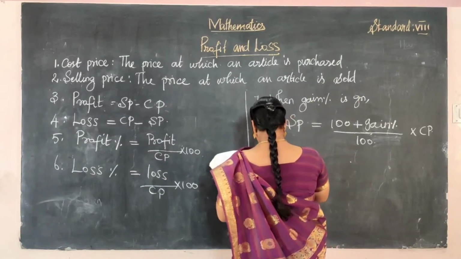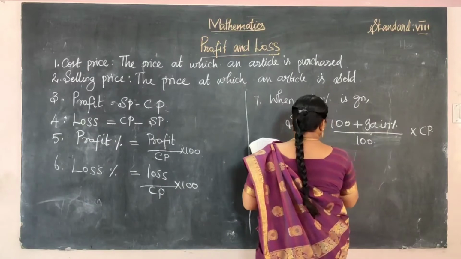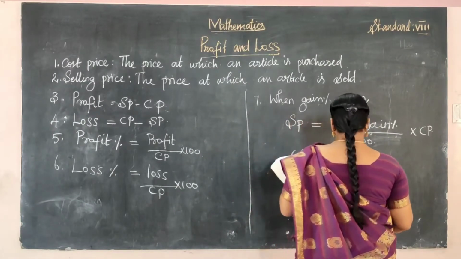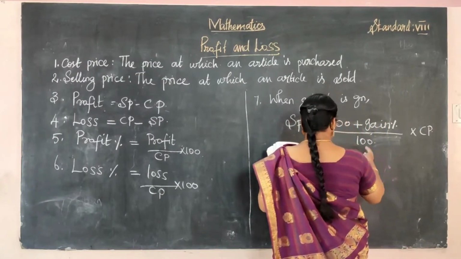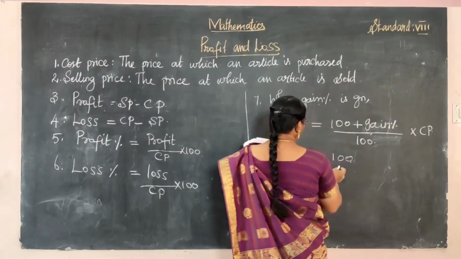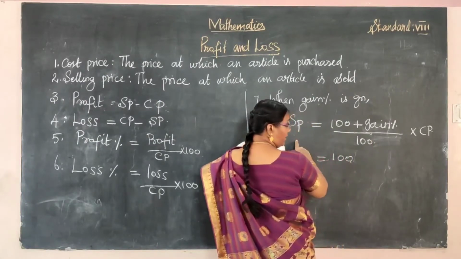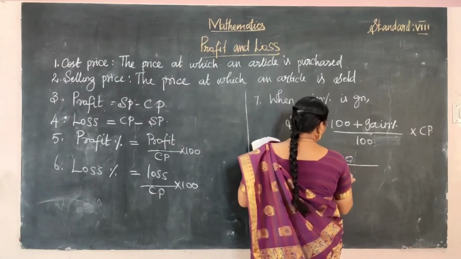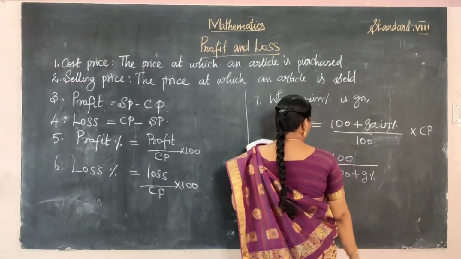And next, you have to find the cost price. Just rewrite the same formula in reciprocal. So 100 comes to this side: cost price equals 100 divided by (100 plus gain percentage), into SP.